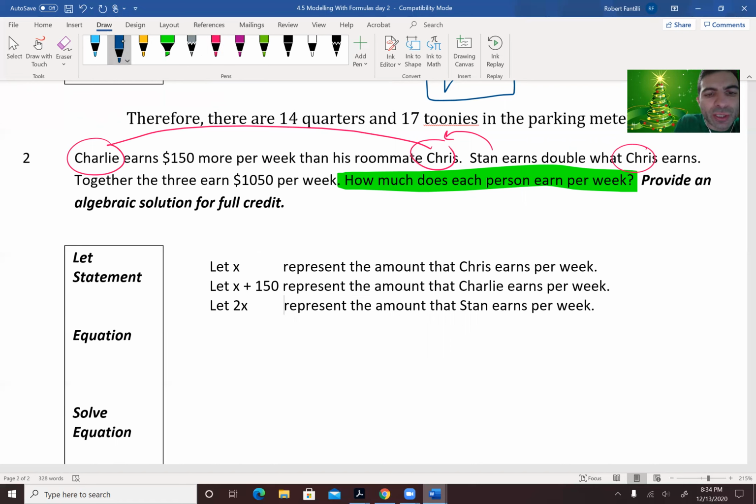So our equation is going to be X plus X plus 150 plus 2X. Altogether, they earn 1,050 in a week. How many X's do we have? We've got X plus another X plus 2 of them. So altogether we have 4X equal 1,050.